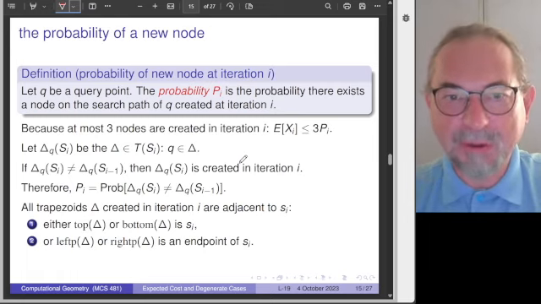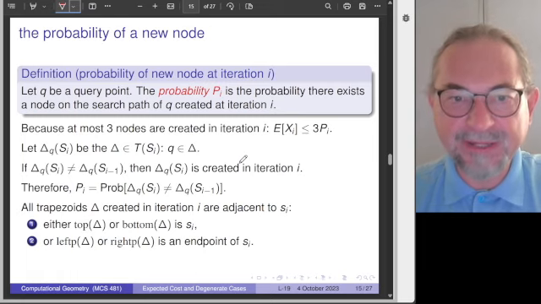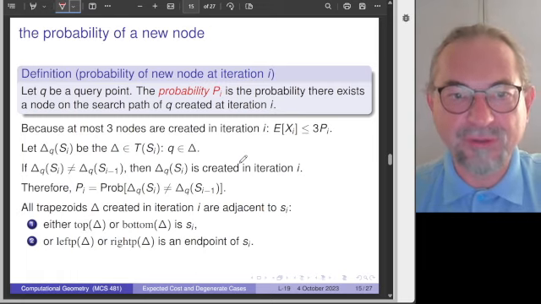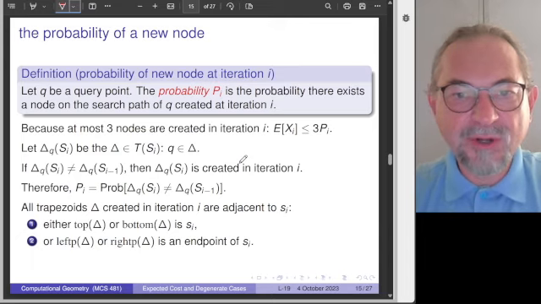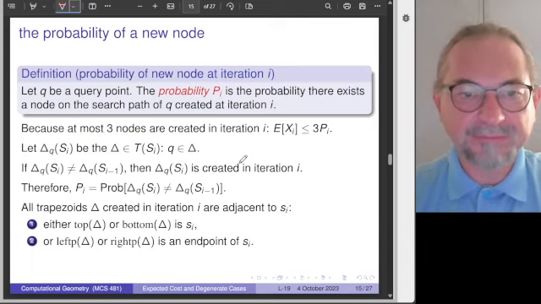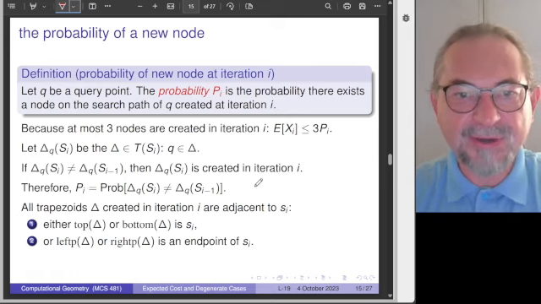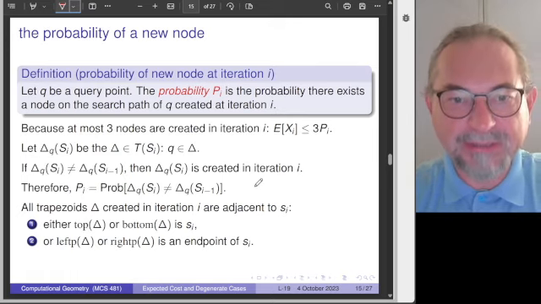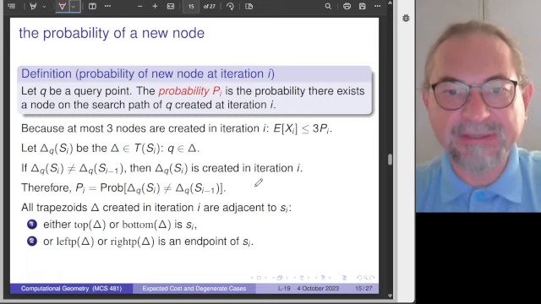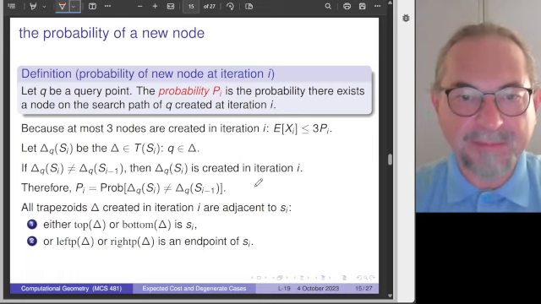So we had this probability p_i, and we had at most 3 nodes coming in. And then we have the data structures. So what is the p_i now, the probability? Well, it is the probability that a trapezoid is newly created.